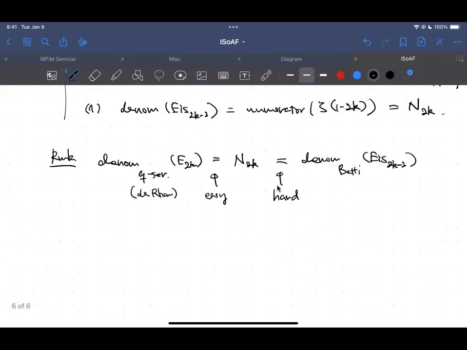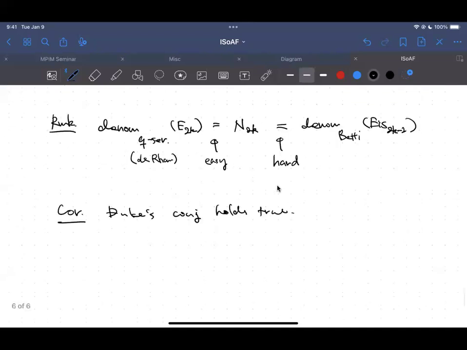But anyway, using this theorem, we can already prove Duke's conjecture, because Duke's conjecture says that this denominator of the Riemann zeta function kills the denominator of partial zeta values.